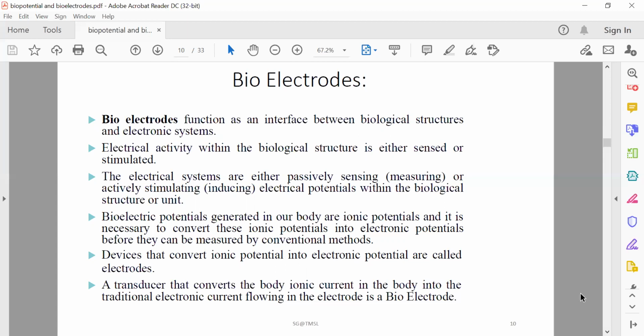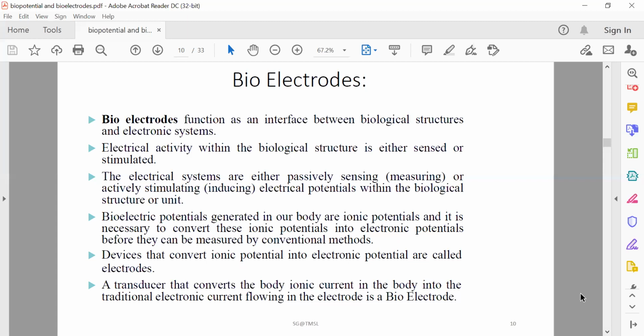This interface function is achieved through electrodes. In order to measure the signal, current has to flow through the circuit, therefore electrodes must have the capability of conducting current across the interface between the electronic measuring circuit and the body.